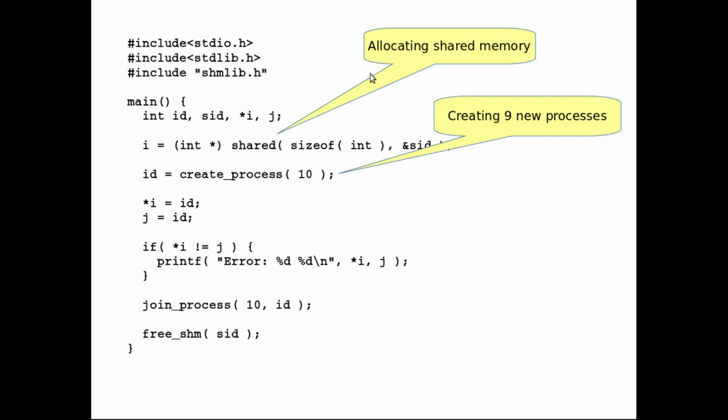We also have another variable j, which is not a shared variable, and each of the 10 processes will have a copy of j.